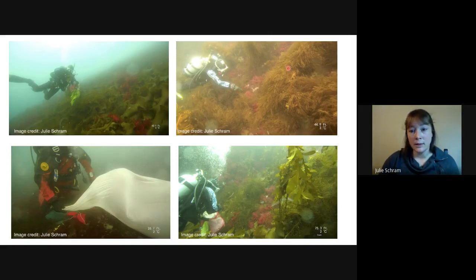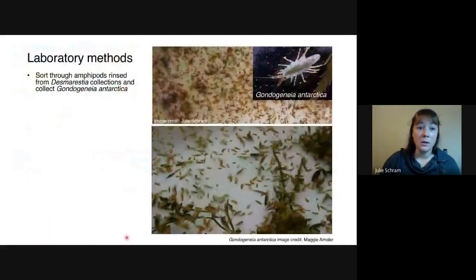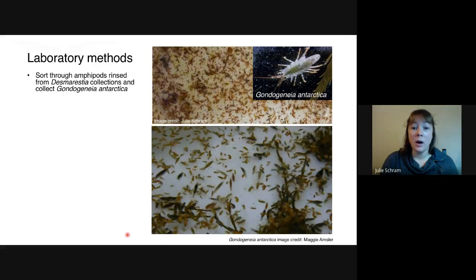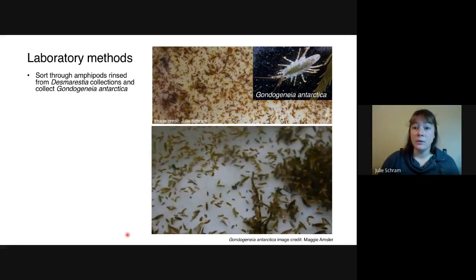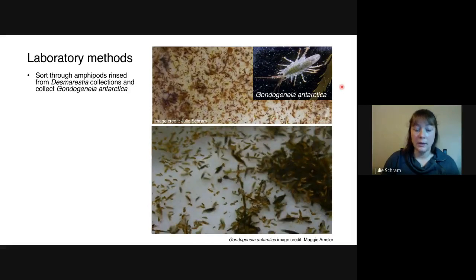So we would collect these Desmarestia species in fine mesh bags so that we would capture any amphipods residing on those seaweeds, and then brought everything back to the lab where we thoroughly rinsed all of the amphipods off of the seaweeds and picked out our target species, Gondogenea antarctica.